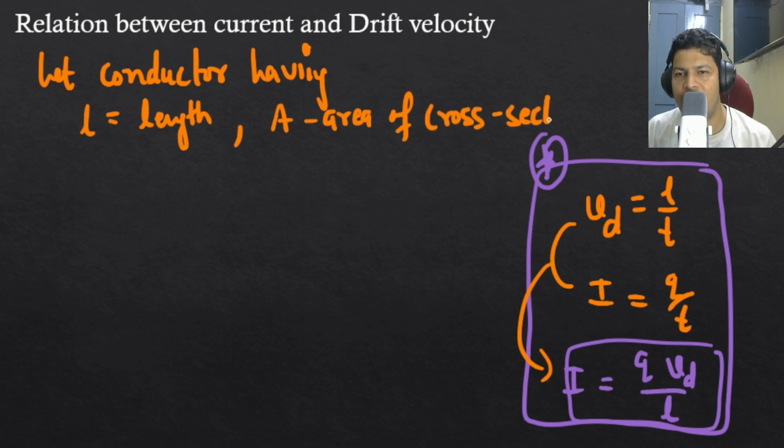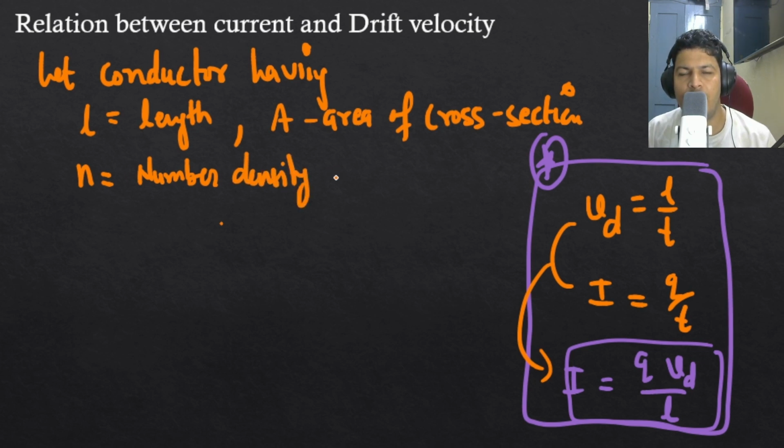You can write like this, and n is the number density of free electrons, and Vd is the drift velocity. What is the current?